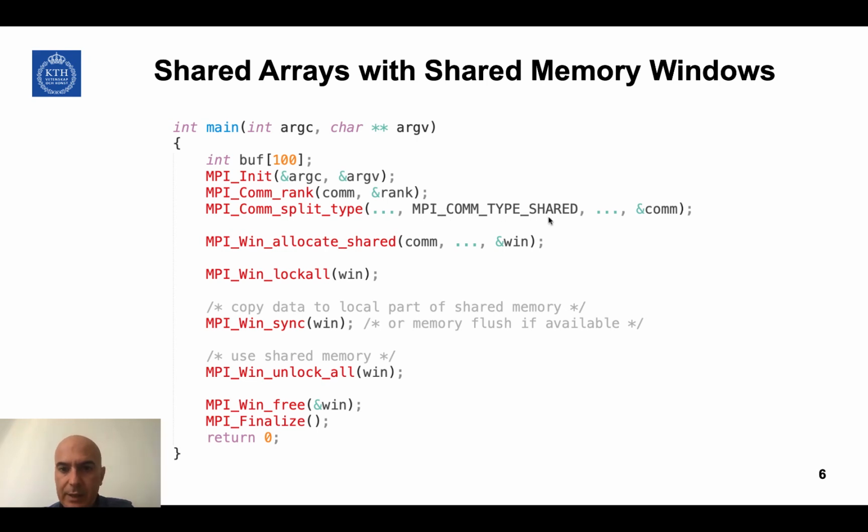Once we have our communicator of type MPI_COMM_TYPE_SHARED, we can allocate our window using our allocator and getting our window. We can then start our operations on the shared memory by starting the epoch with MPI_Win_lock_all and stopping it with MPI_Win_unlock_all. So all the one-sided operations will occur here.